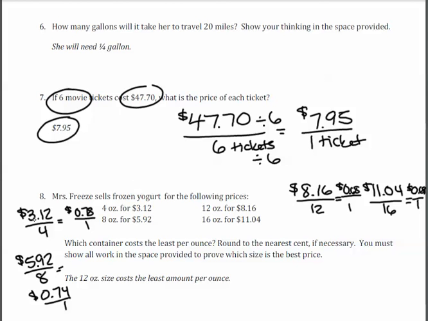When I simplify these to 1 ounce, they are 78 cents, 74 cents, 68 cents, and 69 cents. So if I were to pick one, I would want the 12 ounces for $8.16 because it is the cheapest per ounce.